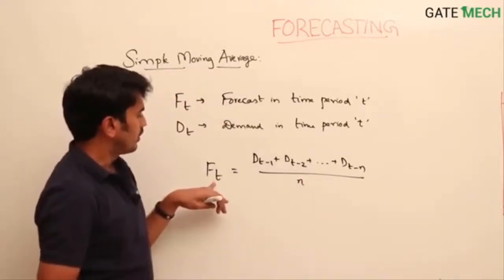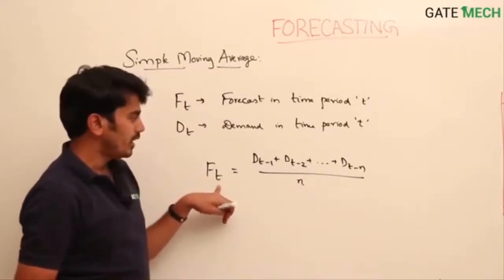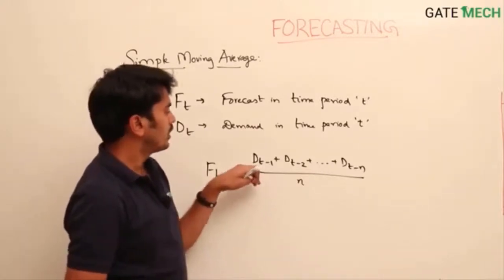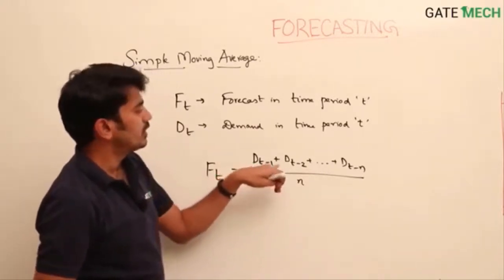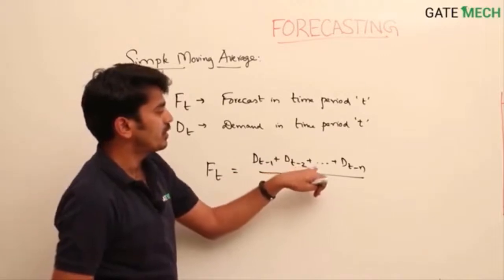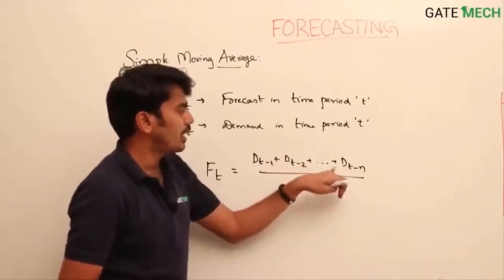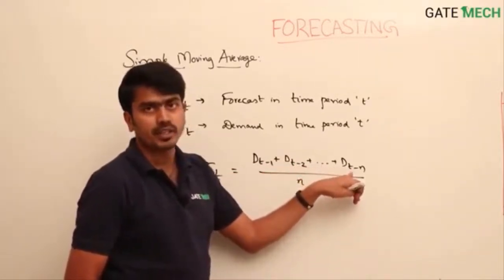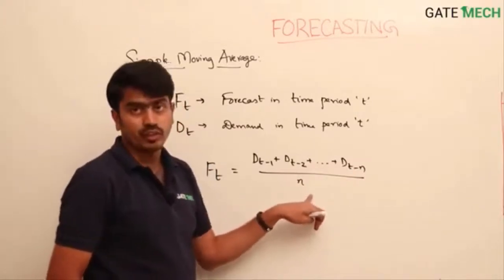So the forecast in time period T is nothing but the actual demand over the past n periods, averaged.